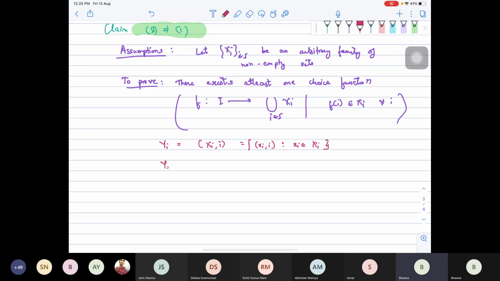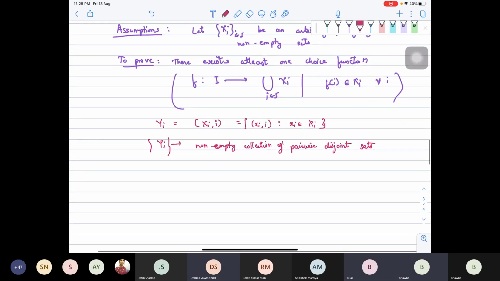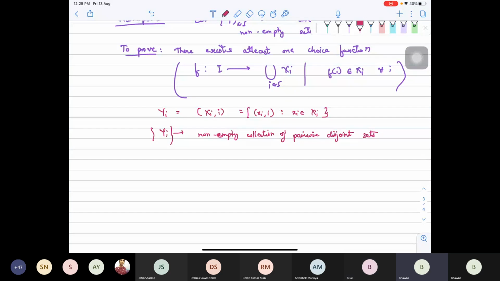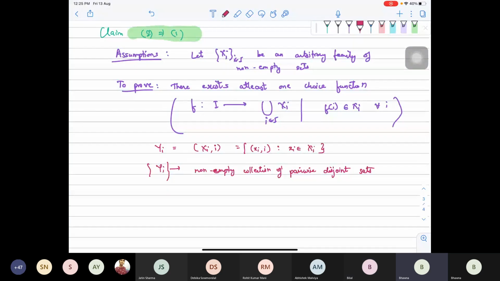Now you see that Yi is a non-empty collection of pairwise disjoint sets. Do you agree? Yes, ma'am. So you all agree that the Xi's were not pairwise disjoint, but they were indeed non-empty.